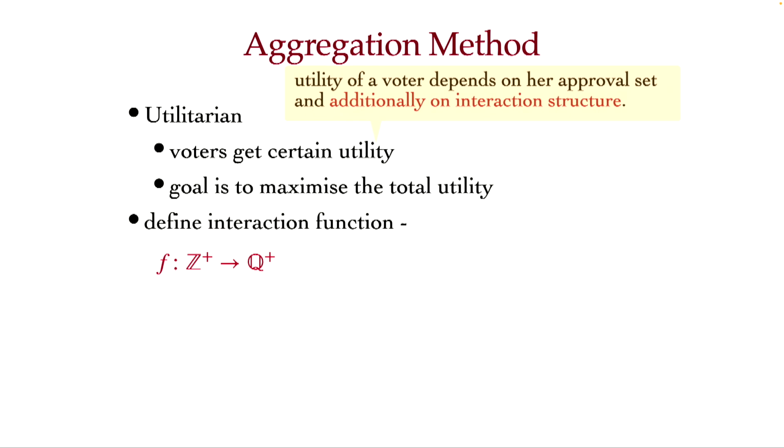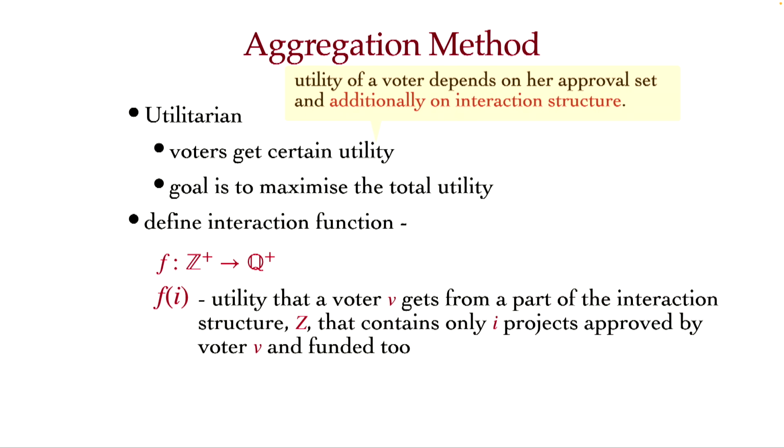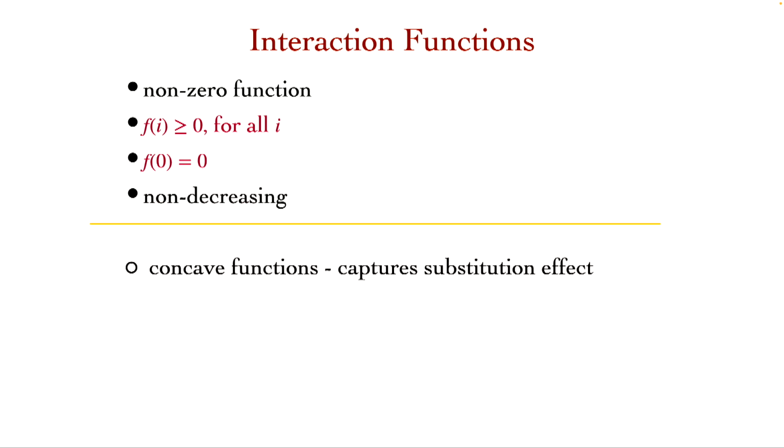Maybe this is not of much interest to you, it is just the interaction structure function that will tell you that if you fund these together, then what will be my utility.